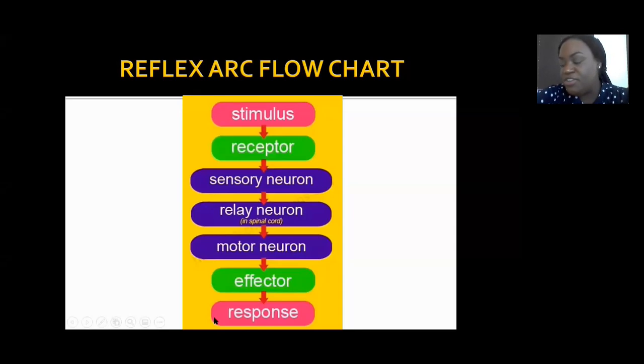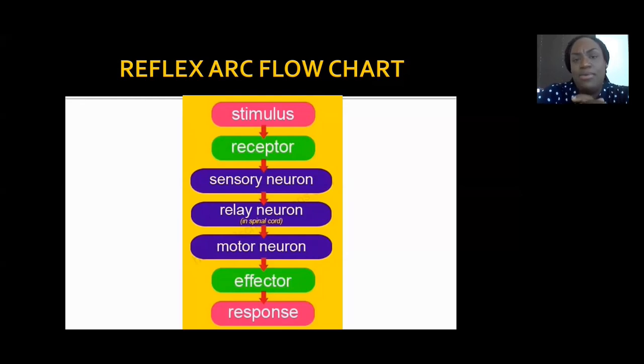Conditioned reflexes are different in that you learn them over time. An example is the ice cream truck. Hearing the ice cream truck and that particular jingle, you automatically think of sweet. Maybe your mouth starts watering, or as soon as you hear it, you run to get $2.